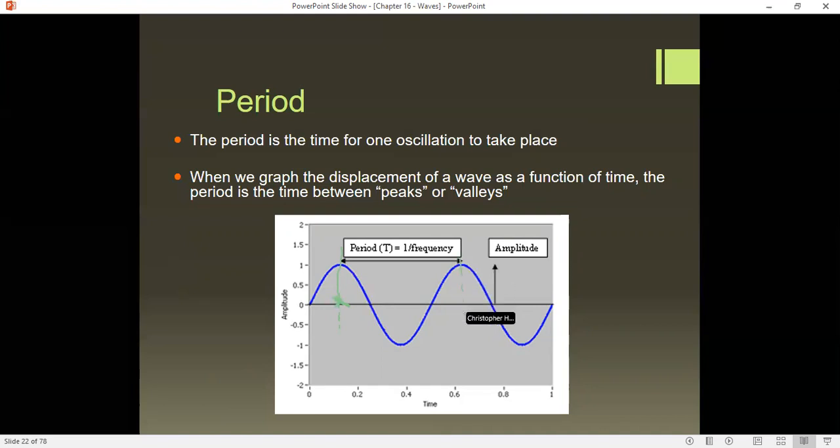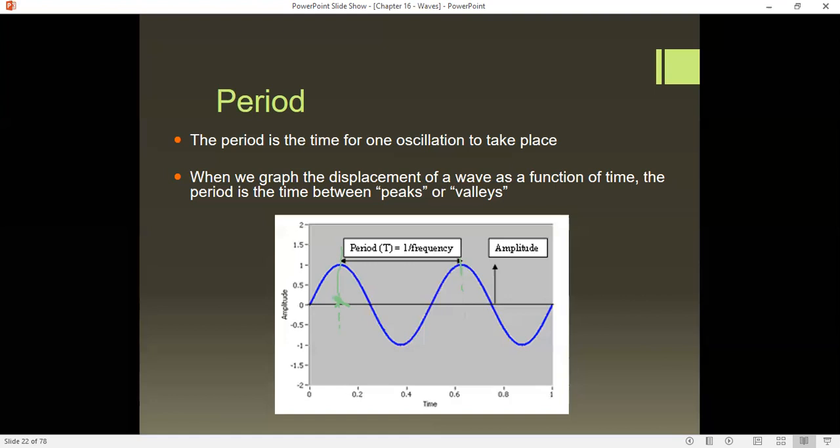This is a little bit different than our graph where we're graphing as a function of position. Here we're showing amplitude, we're showing displacement as a function of time. The time it takes any point of a medium to return to its original position after a wave passes through, or return to equilibrium, that is equal to the period.